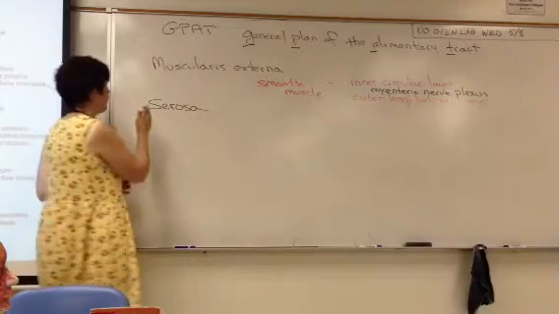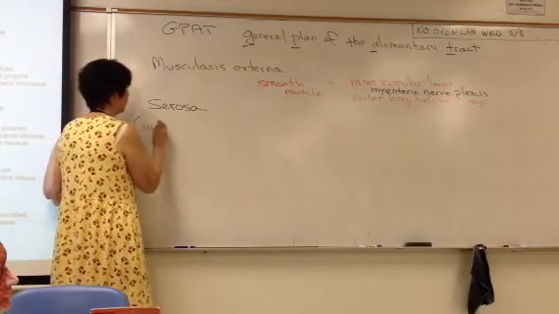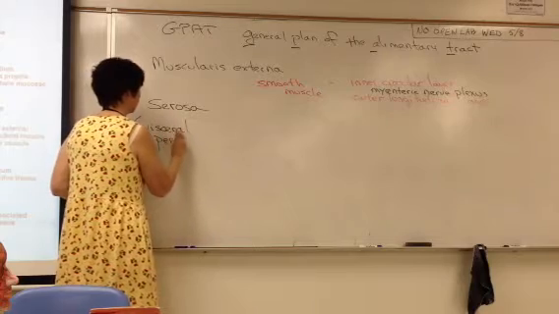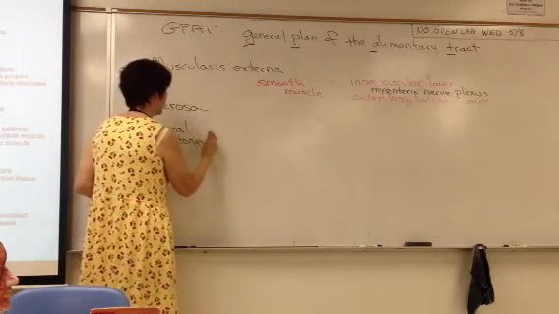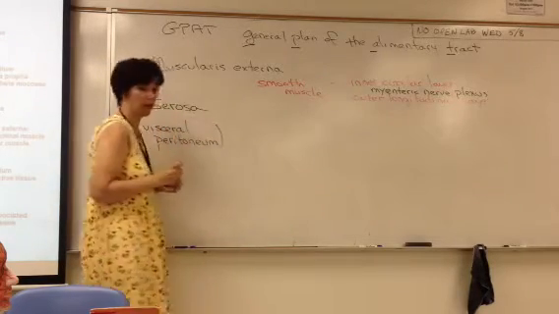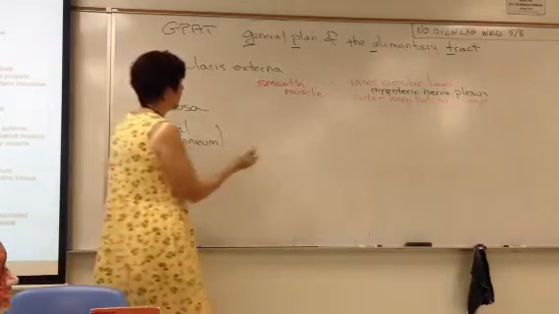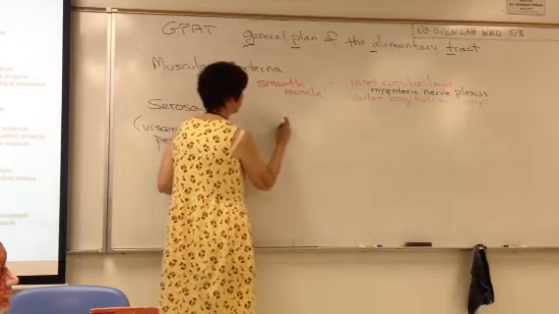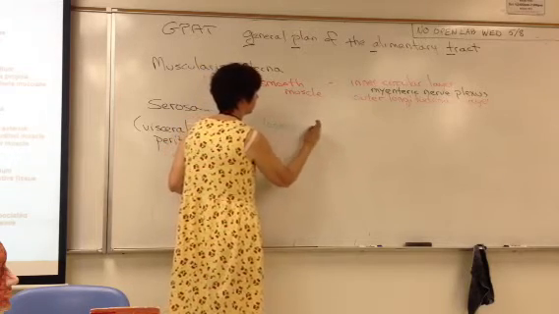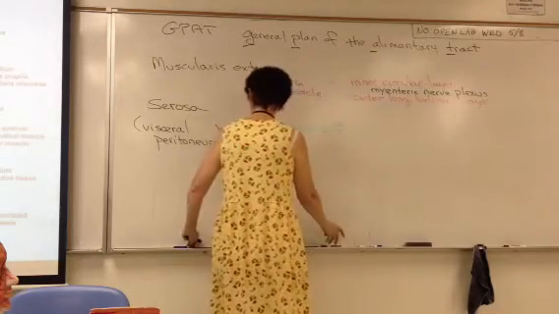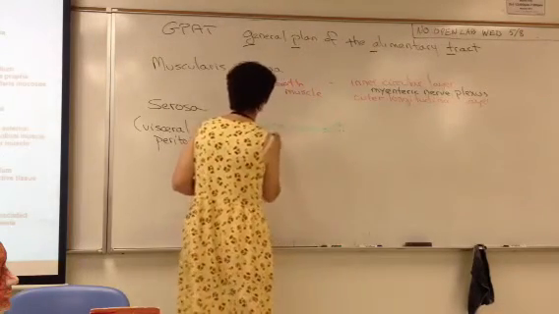So the serosa is also the visceral peritoneum. And now it's a serous membrane, so it's going to be formed of loose irregular connective tissue and simple squamous epithelium.